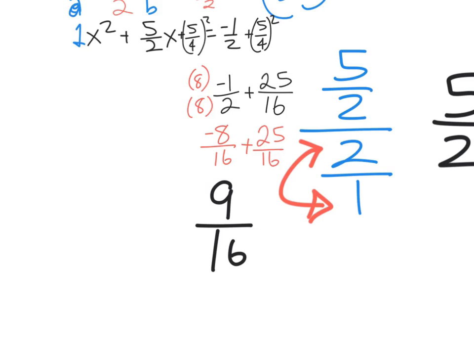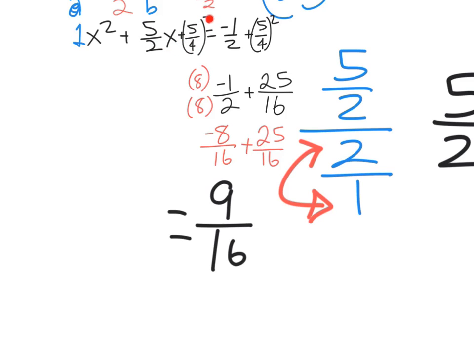Let's return to the left side, shall we? All right, sorry about that. So now we can actually factor x squared plus 5 halves x plus 5/4 squared.